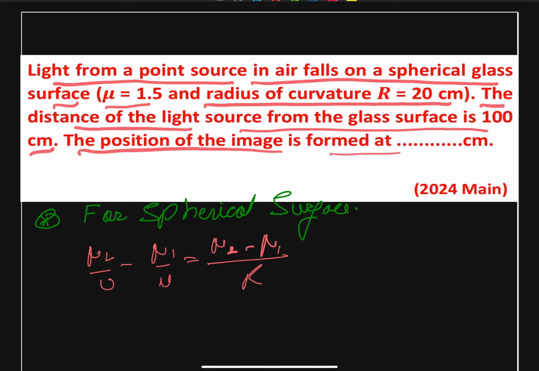And here incident medium is our air, and we are given that u is 100 centimeter, so u will be equal to minus of 100, and our mu2 is equal to 1.5, mu1, that is of air, is equal to 1, and radius of curvature is given as 20, so r is equal to 20.